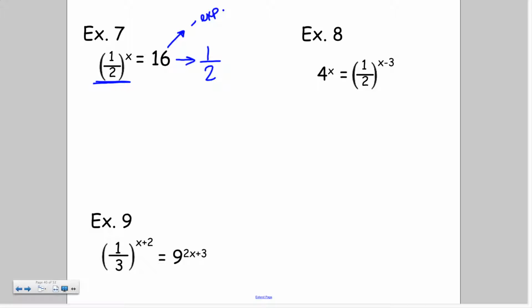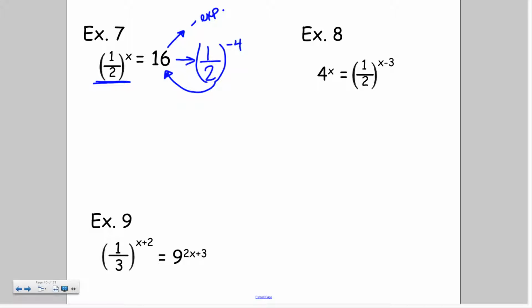So if you look back in that chart, I'm going to write this so you can kind of see. If you look back in that chart, you know that this can be raised to the negative 4. This can be raised to the negative 4, and then that's going to cause this to give you 16.